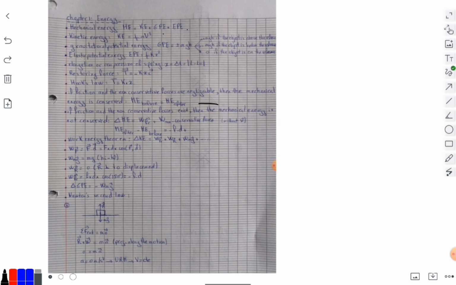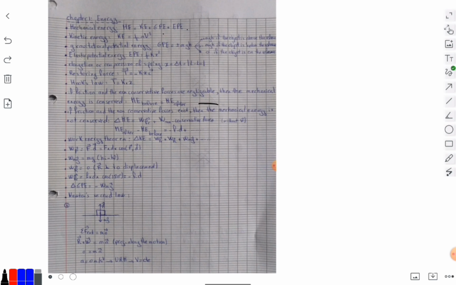Work of reaction of support equals 0, since the reaction of support is perpendicular to the displacement. Work of friction equals F times D times cosine 180 degrees, equals minus F times D. Delta GPE equals minus work of mg.